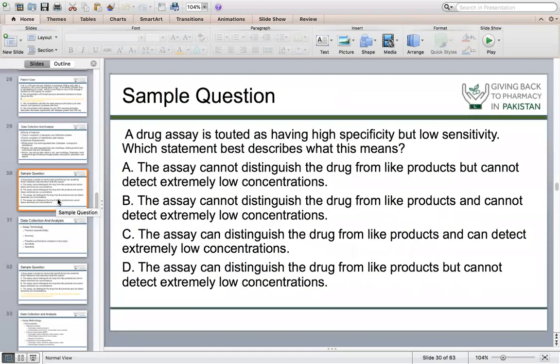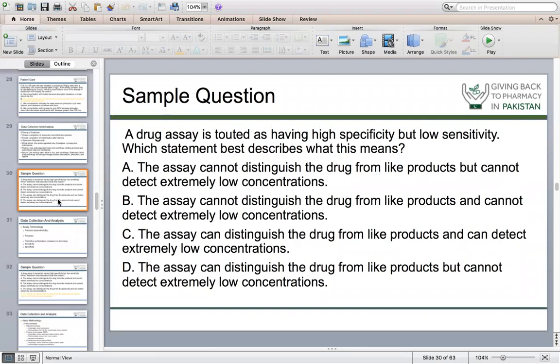Moving on to the next slide, it's a sample question. Just pay attention and try to answer this question. A drug assay is touted as having high specificity but low sensitivity. Which statement best describes what this means? The options are: A, the assay cannot distinguish the drug from like products, but cannot detect extremely low concentrations.